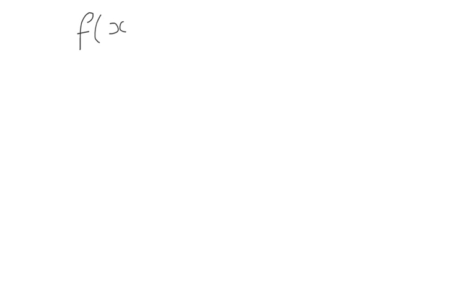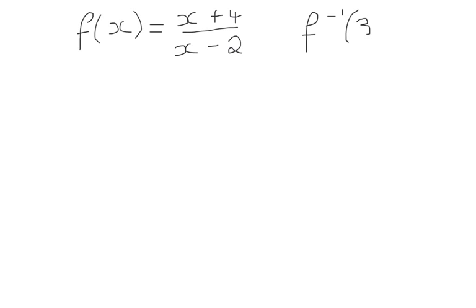Our original function is x plus 4 over x subtract 2. And we need to work out the value of the inverse function when x is 3. Now, we can find the inverse function of f of x algebraically, but this is actually not necessary. There's another way that we can do it.